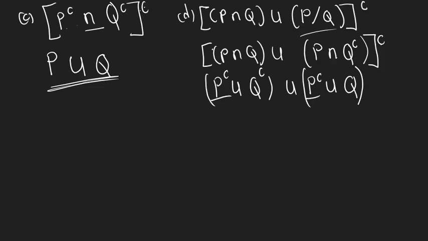This is common, this is common. We have Q complement, we have only Q here, so we are going to remain with Q complement. Then we maintain the union, then Q complement.